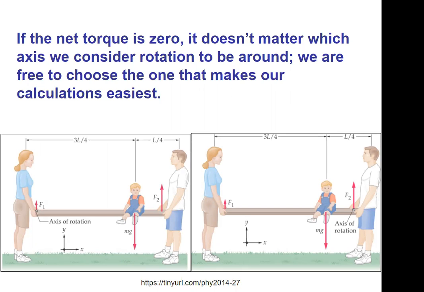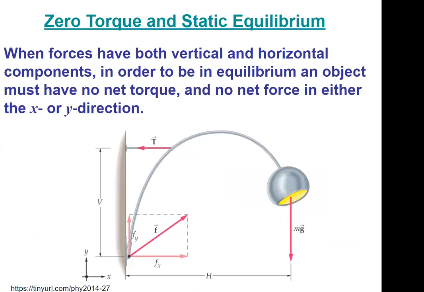The goal, when you have the choice of axis of rotation, is to make the calculation the easiest. If this is a two-dimensional problem, then you can write three equations: net force in x direction equal to 0, net force in y direction equal to 0, plus the net torque equal to 0.